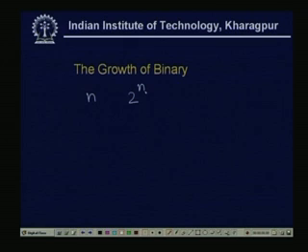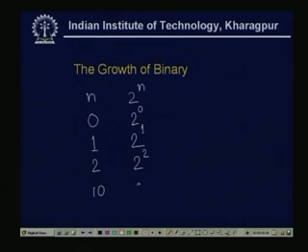of 2 to the power n. Say if my value is 0, then it will be 2 to the power 0. If my value is 1, then it should be 2 to the power 1. If it is 2, then it will be 2 square. If it is 10, then it will be 2 to the power 10.